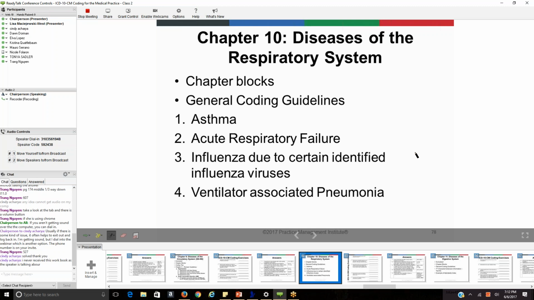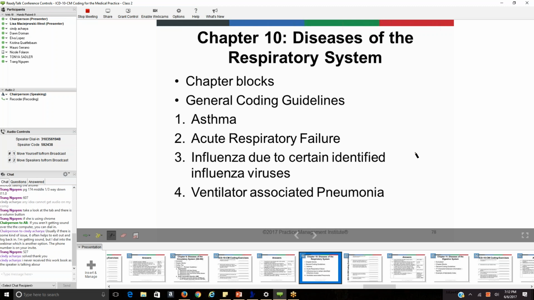Okay, so just be aware of that as well. If the patient is admitted and the tests indicate acute respiratory failure, it can be coded first. Let's see, what else do we need to know?